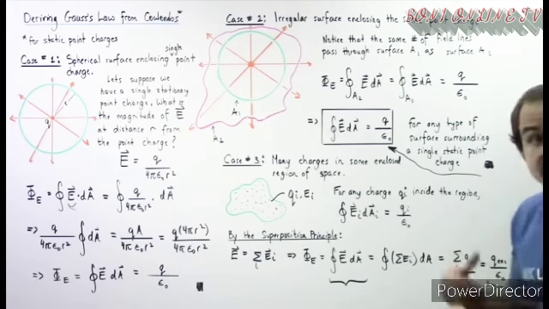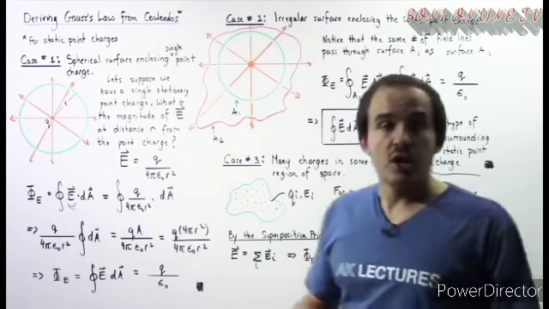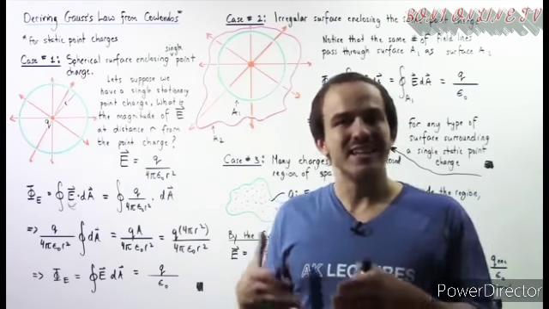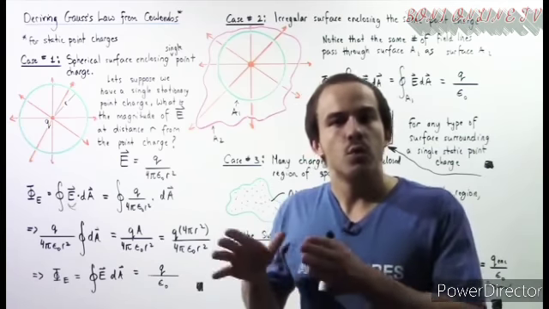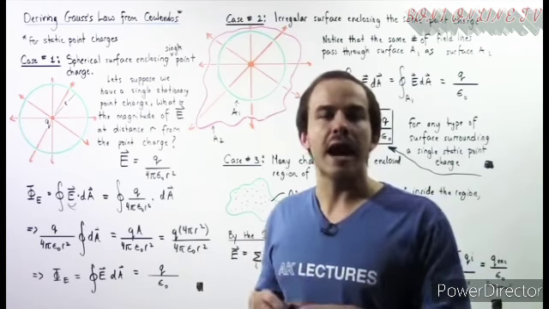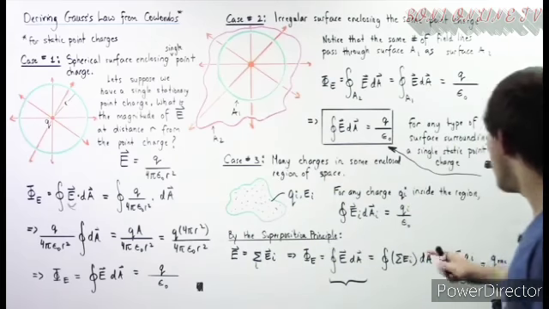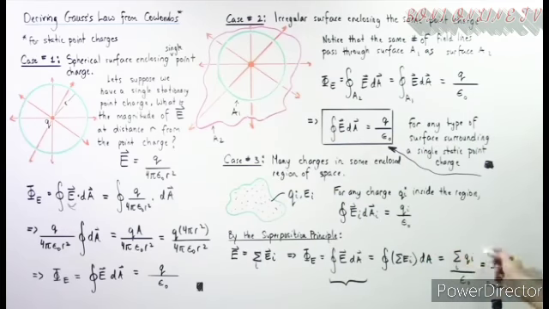Now, what exactly is the sum of all the charges? The sum of all the charges simply gives us the total charge that is enclosed within our region, within our surface. And so that means we can replace this numerator with simply Q enclosed.